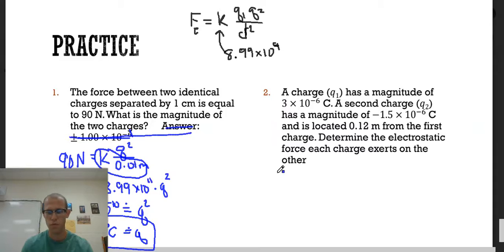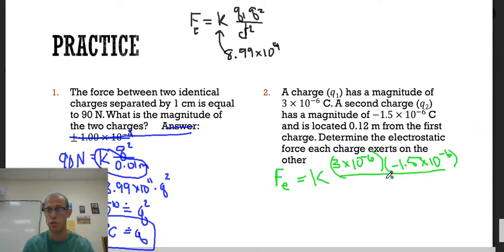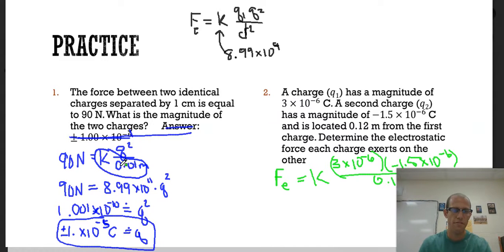We're going to start with our formula: the electric force is equal to Coulomb's constant times Q1, which is 3 times 10 to the negative 6, multiplied by Q2, which is negative 1.5 times 10 to the negative 6. These are opposite charges, which means they're going to attract each other. And then I've got the distance there, squared. Nuts, I forgot to square this over here.